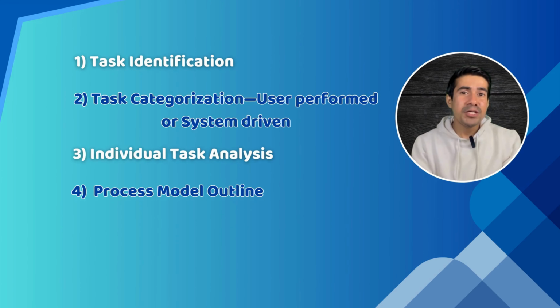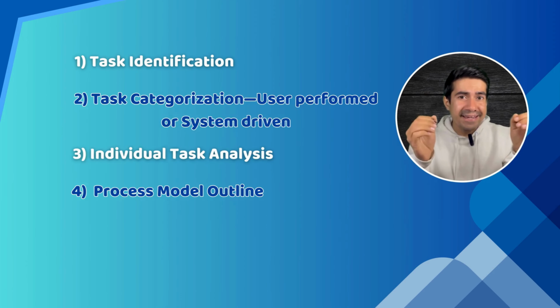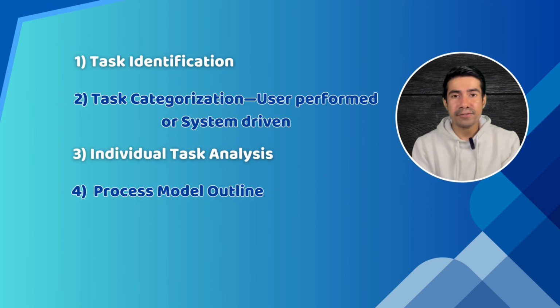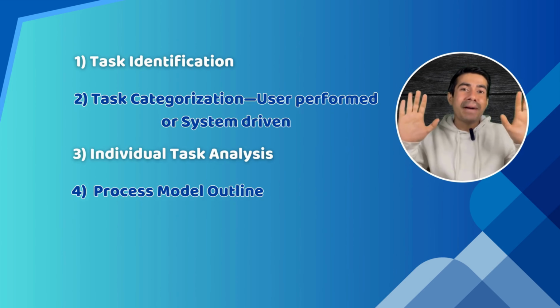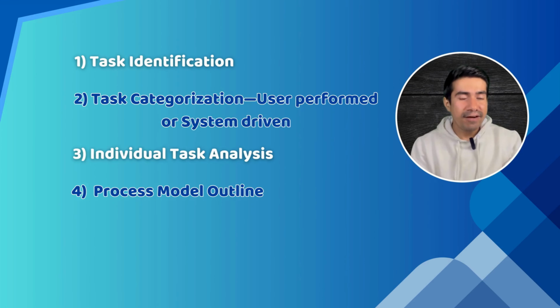In this step, you just outline the process by arranging all the tasks on the design canvas in a structured manner, without worrying about the details yet and just focusing on the overall process flow. I know it might seem overwhelming at first, but stick with me. It will all make sense in a minute as I create a process model right in front of you.